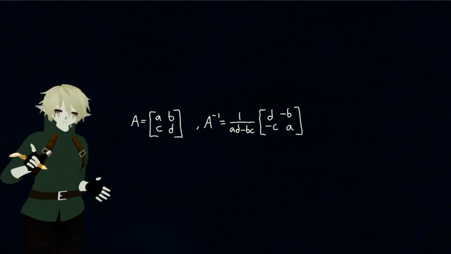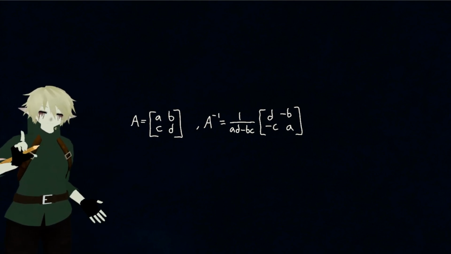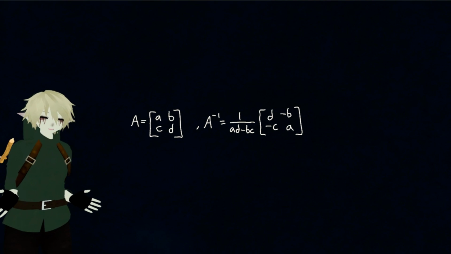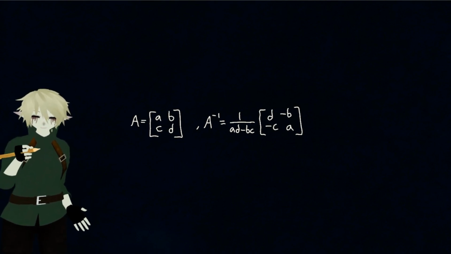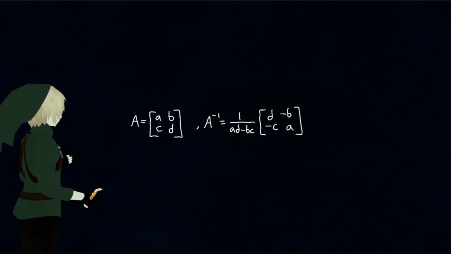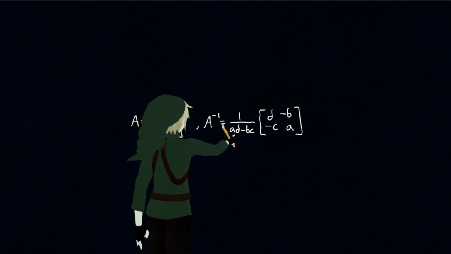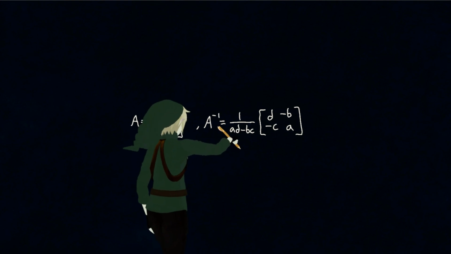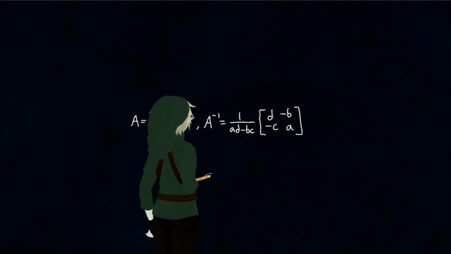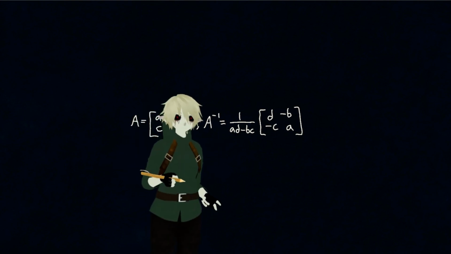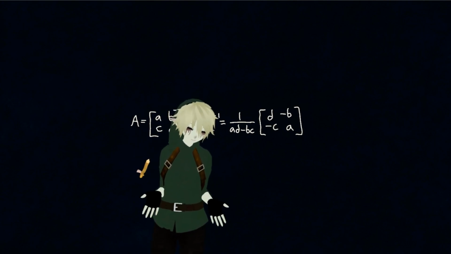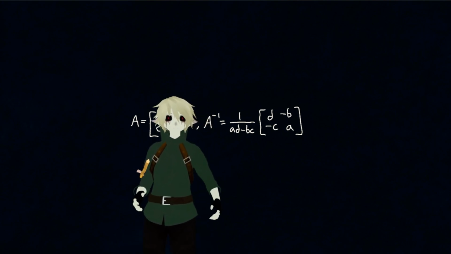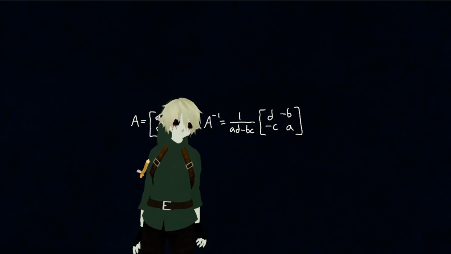Now, like I said, not every square matrix has an inverse, and here's how we can easily tell. This is what determines if a square matrix is invertible. Just to recall, in math in general, you cannot divide a number by 0.